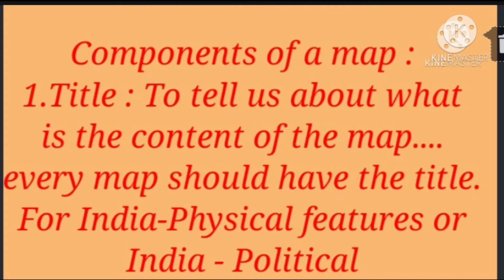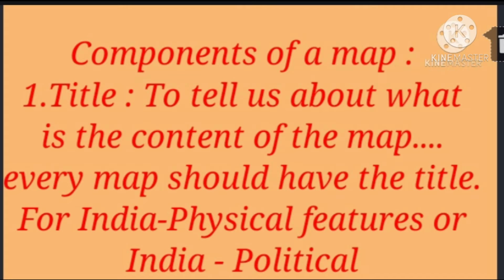For example, we can see the physical features of India map will be there, political map will be there. In the political map, there will be the different states in different colors, and their capital cities also will be made known.